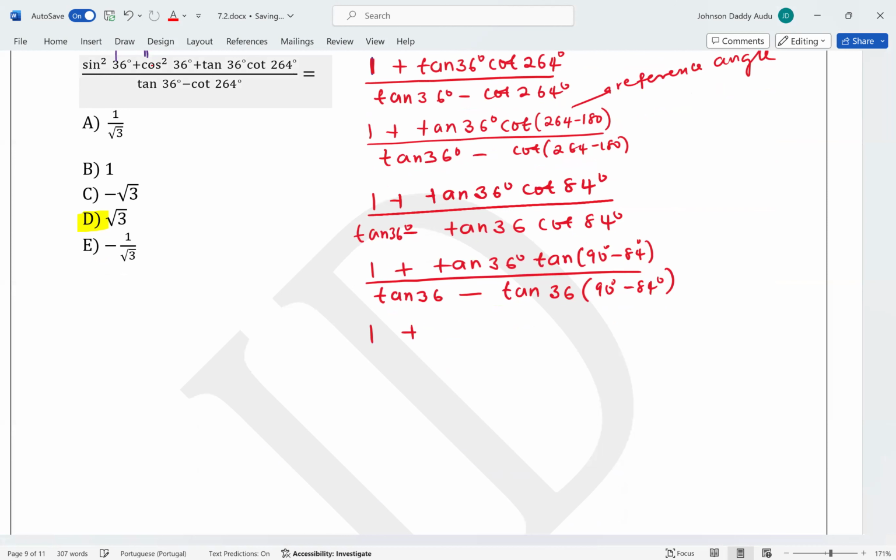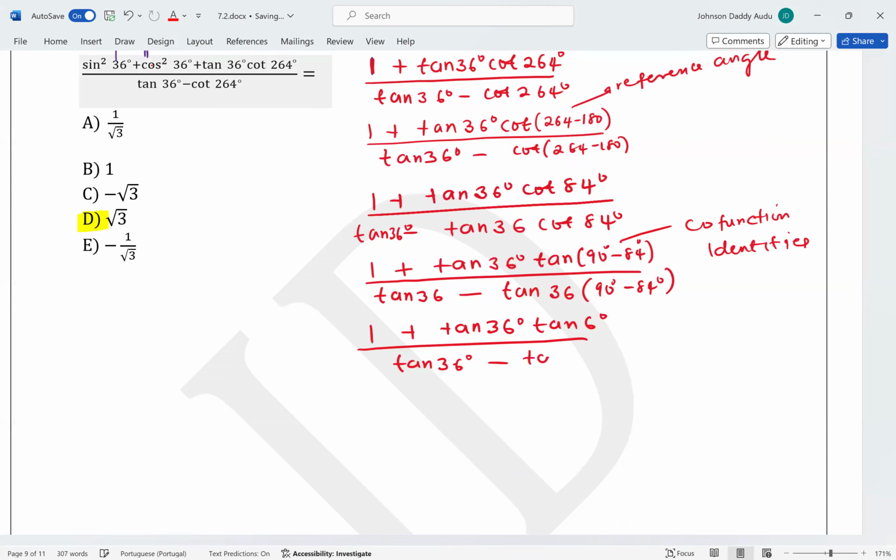Now this is 1 plus tan 36, and now you will have tan 6 degrees. So let's mention that here we use the cofunction identity. And this is tan 36 minus tan 36 degrees.